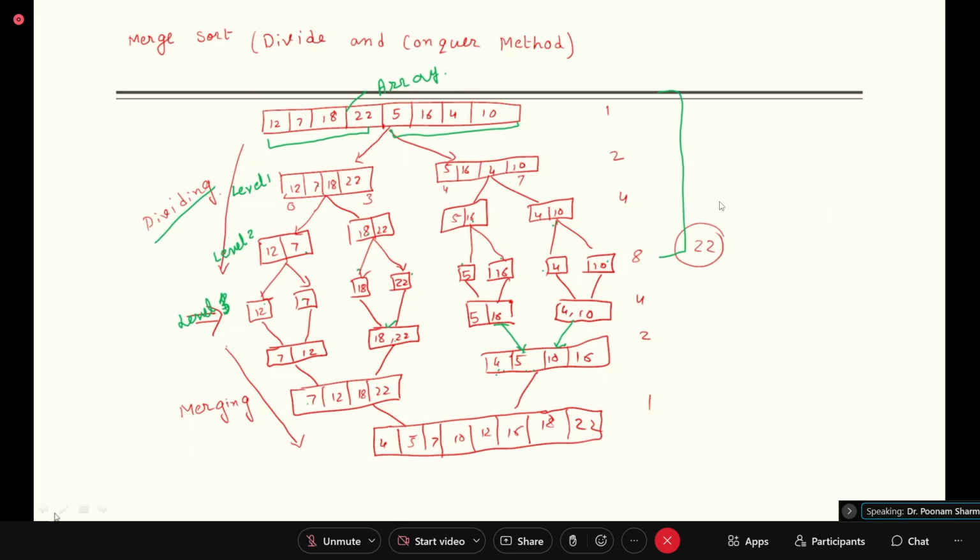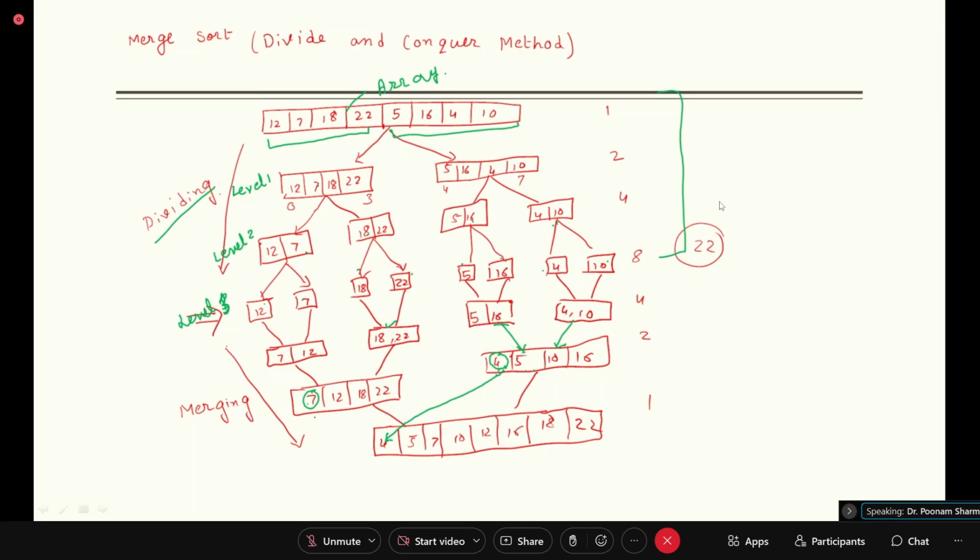Wait. That thing is already considered in our algorithm. First of all, this concept should be clear to you. First of all, compare the first element of the first merging array with the first element of the second merging array. Which one is smaller? 4 is smaller. So 4 can be done here.